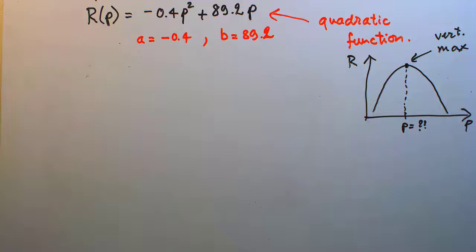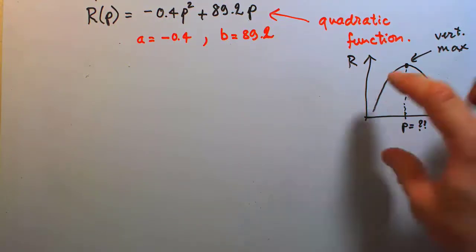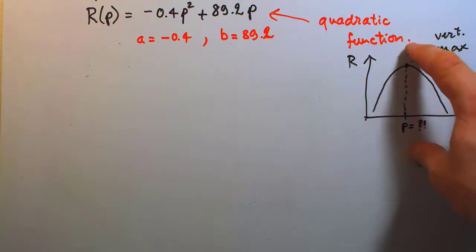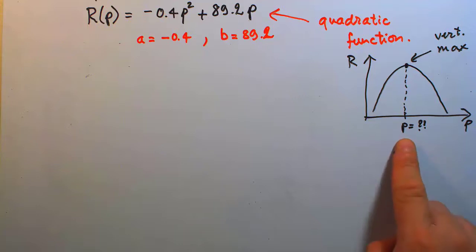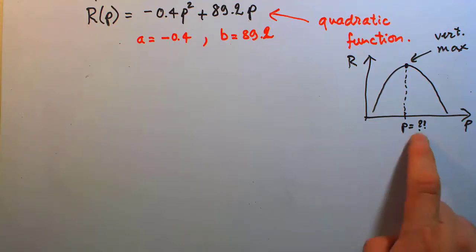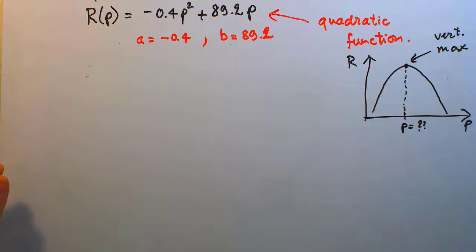In our context, the problem is intending to find how high our revenue value can hit, or the vertical value of our parabola when we are at P equals 111.5.